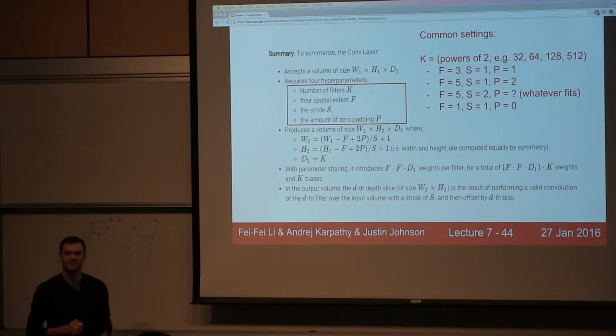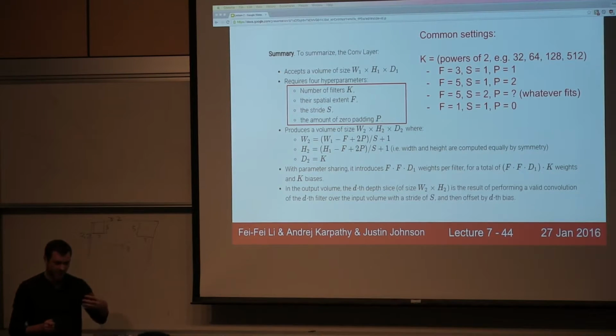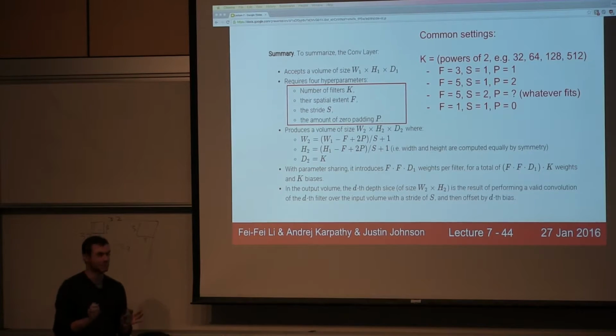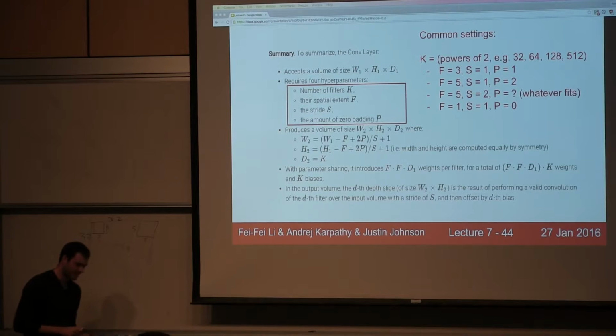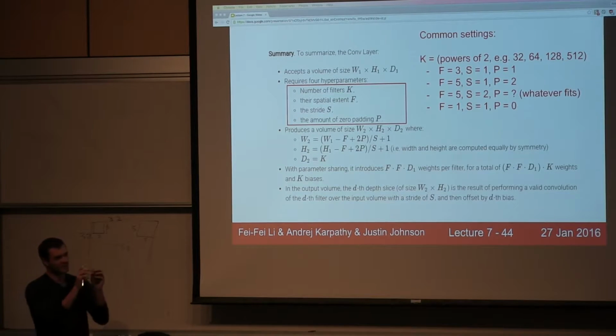Go ahead. Why is the size of F always odd? Thank you. I forgot to mention that. You almost always see 1, 3, 5, 7, 11 sometimes, and that's mostly what you'll see. You won't see even numbers for the sizes of filters just because odd filters have a nice representation. 3 is the smallest thing that makes sense in terms of having something on the left and on the right of a filter.